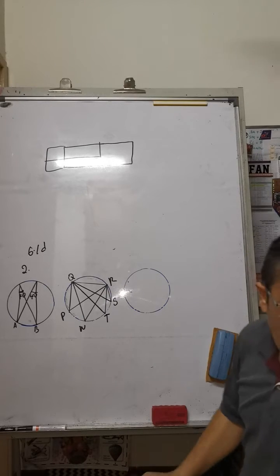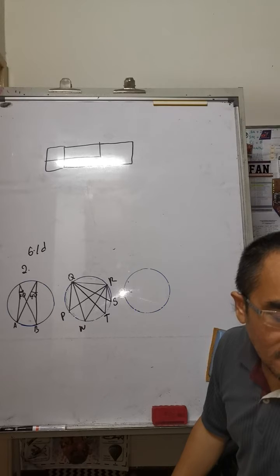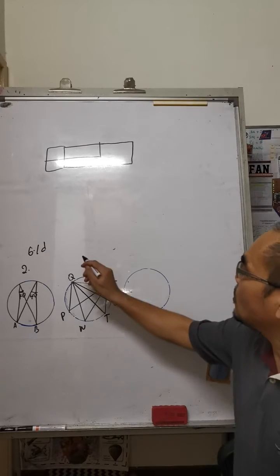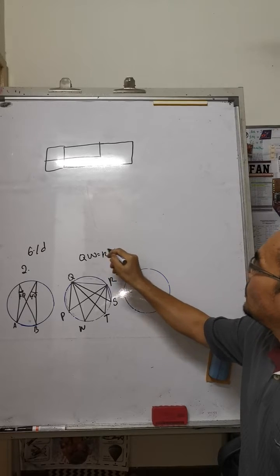Okay, now look at number 2. In the diagram on the right, chord QW equals RW.